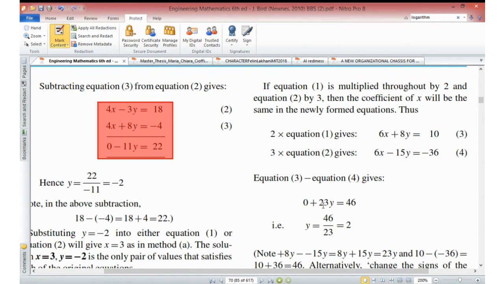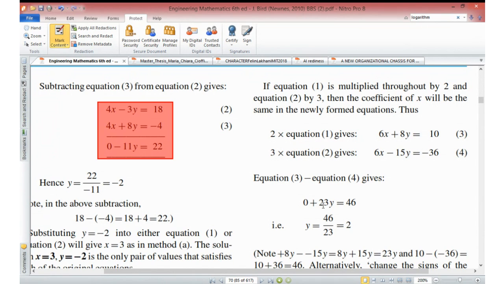Then 18 minus negative 4 is going to be 18 plus 4, which is 22. Then you're able to get your y once you balance the equation by dividing both sides by negative 11. You're going to get negative 2 as your answer.